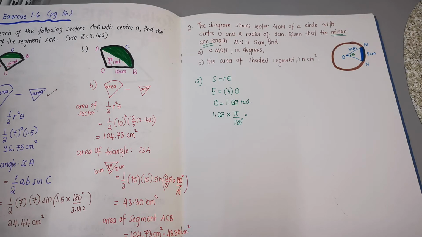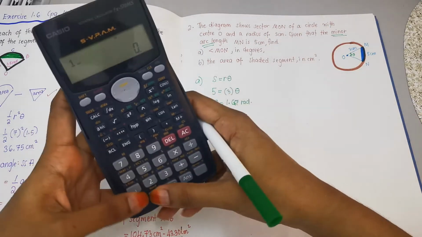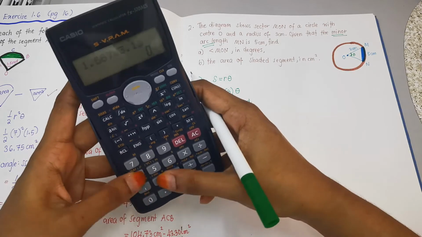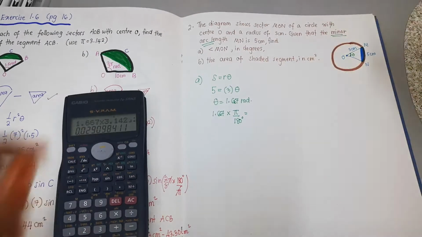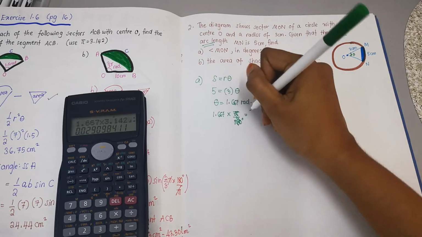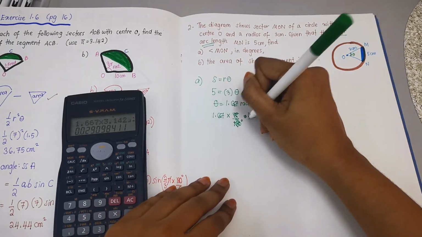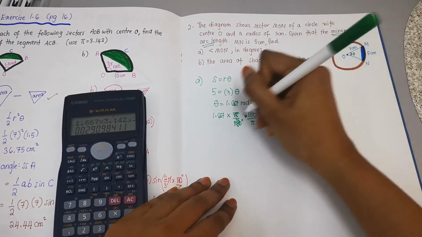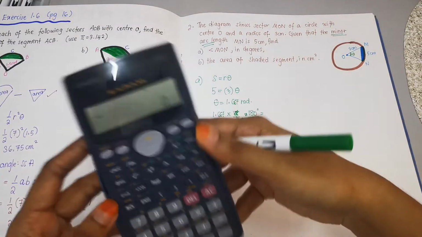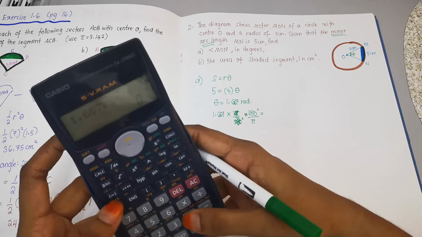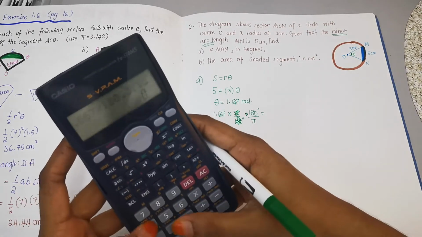Why do I keep forgetting? Sorry. This one is times 180 over pi. Sorry guys, it's too many formulas. Okay, times 180 over pi. So 1.667 times 180 over pi.